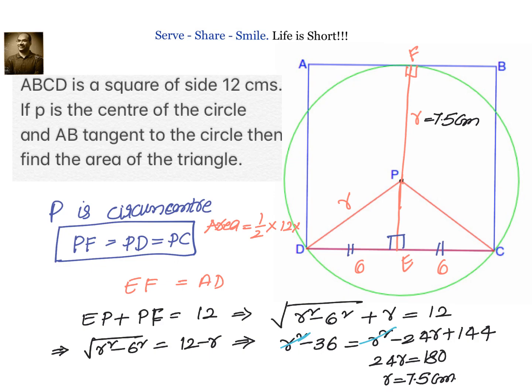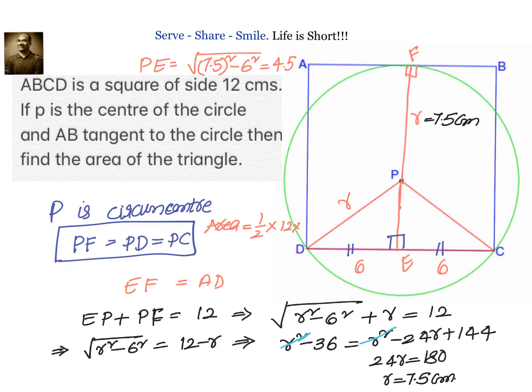PE equals square root of R square minus 6 square, that is 7.5 whole square minus 6 square. Simplify this and you will get 4.5, because that is 13.5 into 1.5, 1.5 into 1.5 into 9, that is 1.5 into 3, 4.5. So PE equals 4.5.